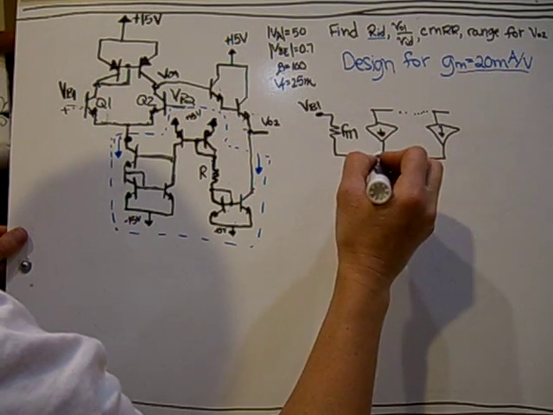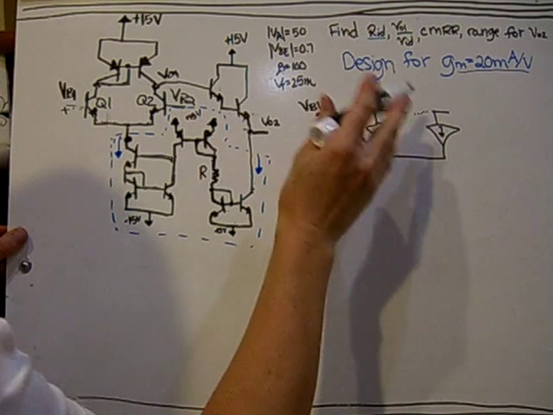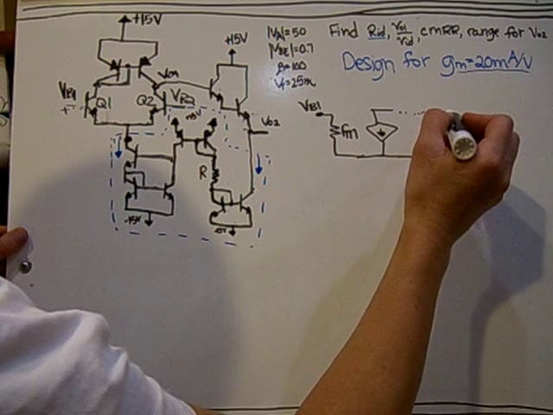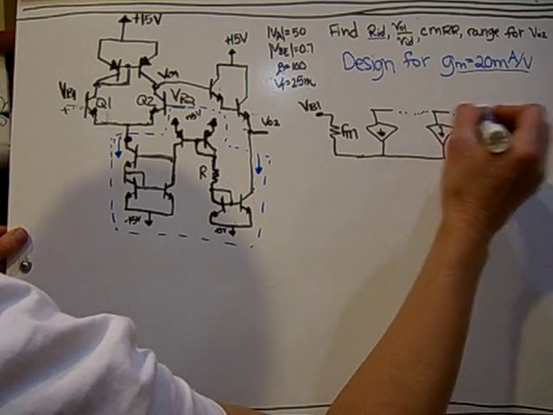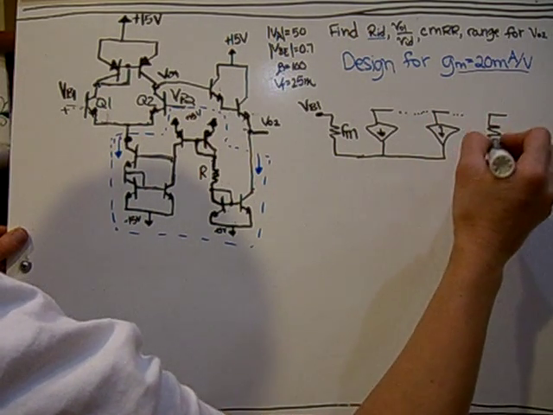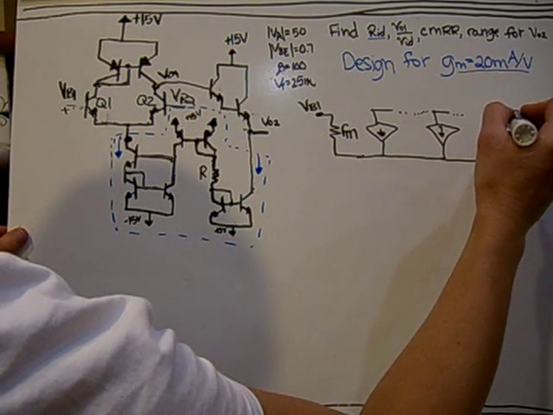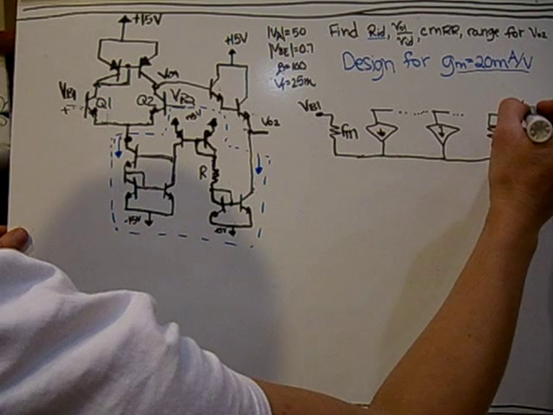Not really going to be concerned with what's happening up there because there's no connection from there back to this pathway. Same thing here. And this is the VB2 side.